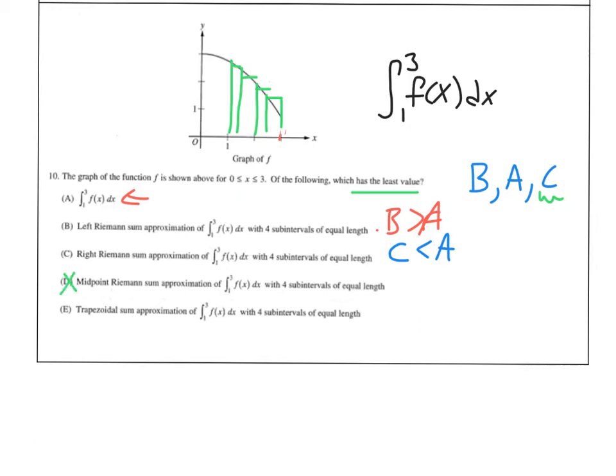And finally, looking at a trapezoidal sum, if we take a look at these values, so we're looking here, here, and then the points in between there. The trapezoids are going to connect these as close as possible. And that's actually pretty close to the option for A. It's not going to be exact.